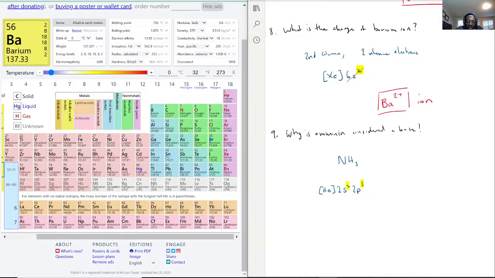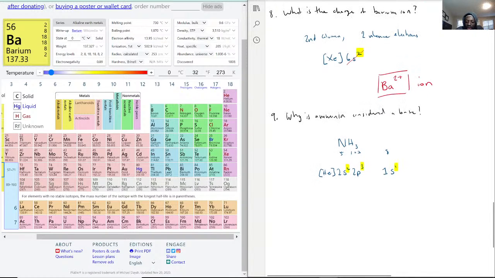Hydrogen, funny enough, is just 1s1, so there's 1 valence electron for every hydrogen, so it'll be 1 times 3 plus 5, so in total we have to account for 8 electrons.